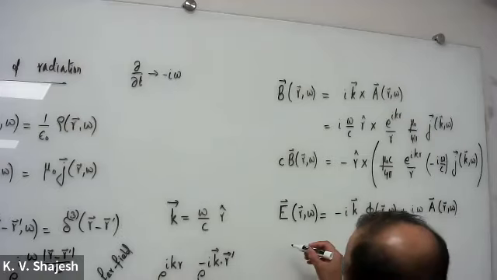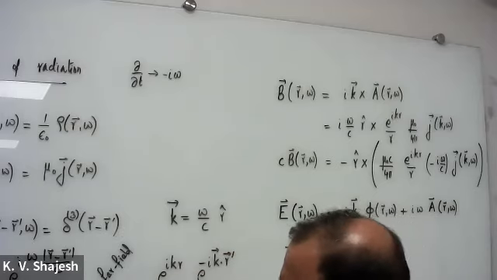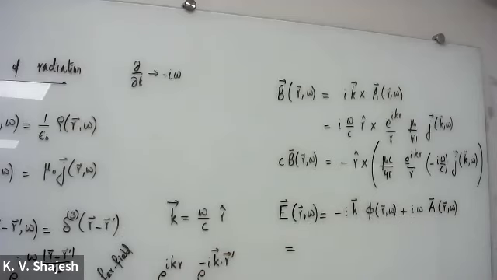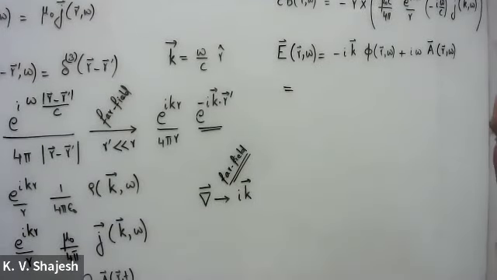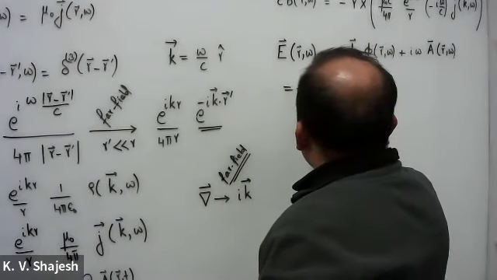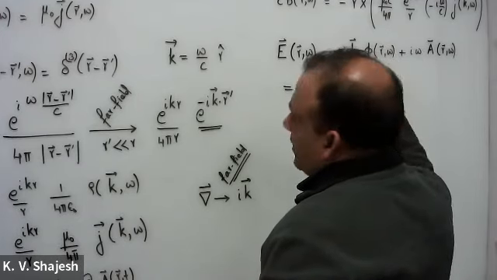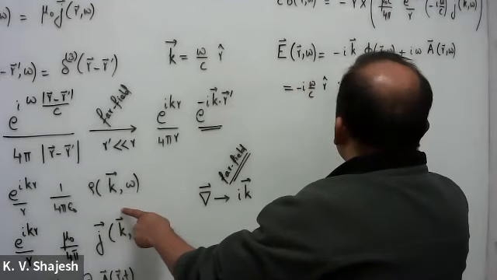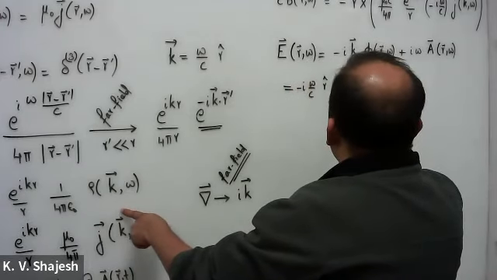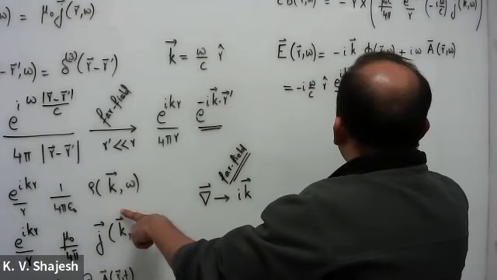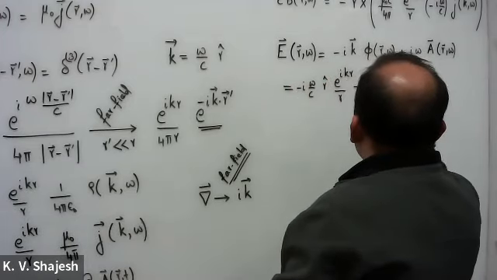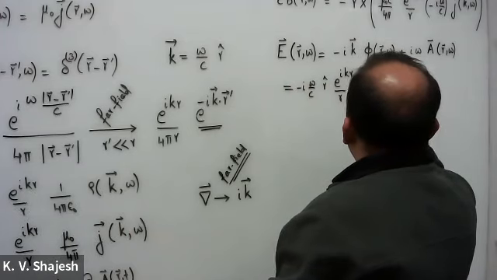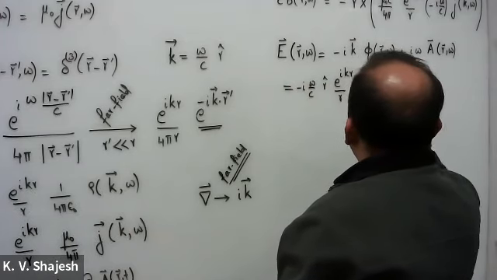Put the Green's function in there. Let's explicitly write the terms. So this is minus i omega over c times r hat times phi, which is e raised to i k r over r, 1 over 4 pi epsilon naught times rho of k, omega.